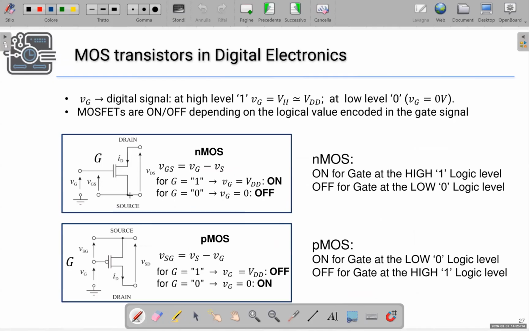Actually, assuming that we have an NMOS device with the source at the reference voltage, when the gate signal is high, that is gate voltage equal to VDD, for what we have just said, we know that the NMOS transistor is on and behaves as an on switch, a small resistance between the drain and the source, or possibly something which approaches a short circuit.